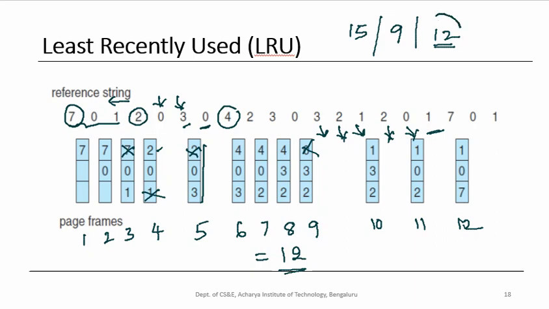So though here number of page faults are little more than page faults in case of optimal page replacement algorithm, but obviously this gives a better performance compared to first in first out page replacement algorithm. So this is the preferred page replacement algorithm in operating system.